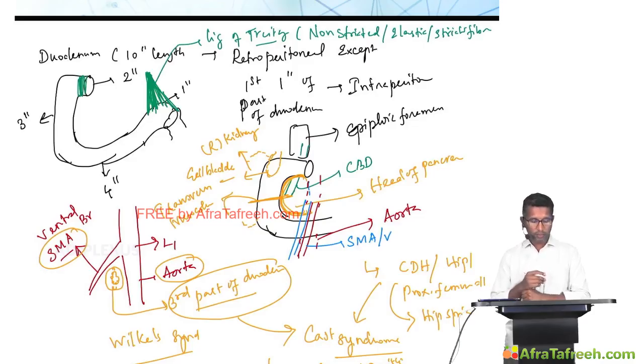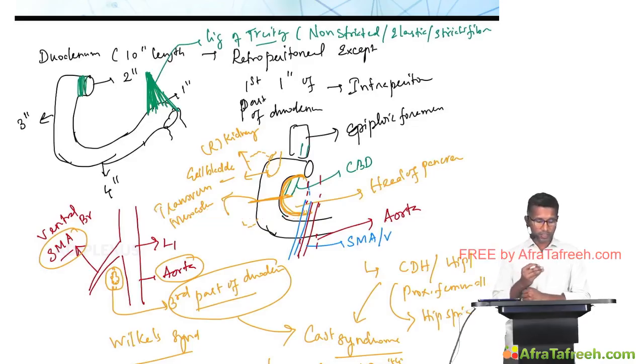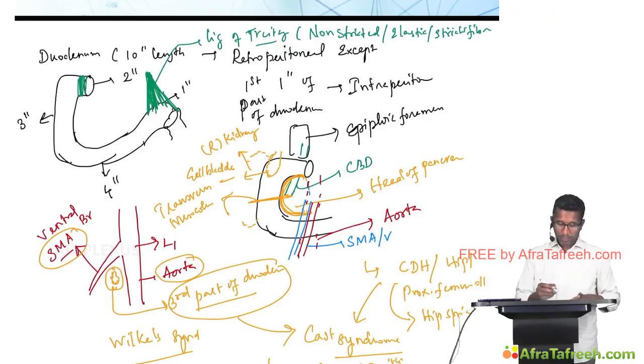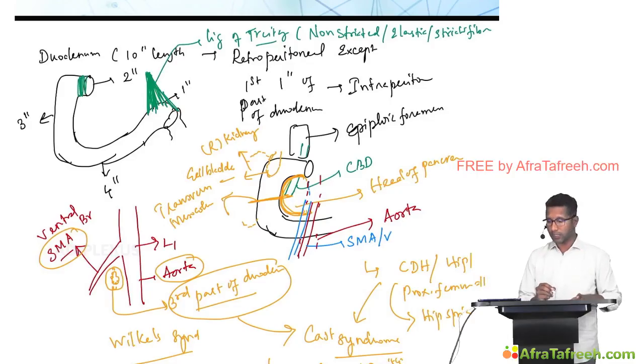Without wasting much time, we'll discuss the blood supply of the duodenum. The duodenum is mainly supplied by two sets of vessels: the superior pancreatico-duodenal arteries and the inferior pancreatico-duodenal arteries.